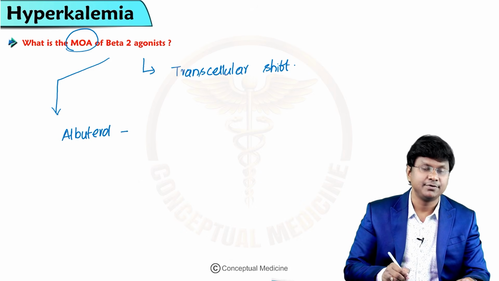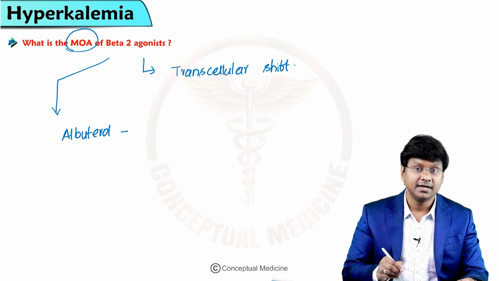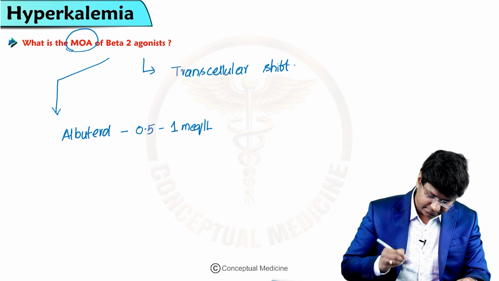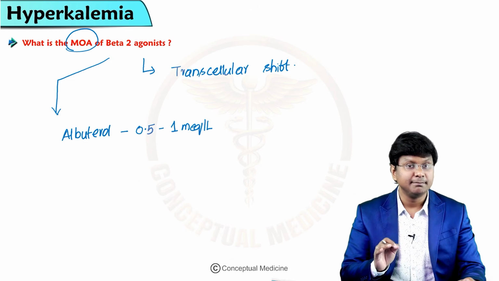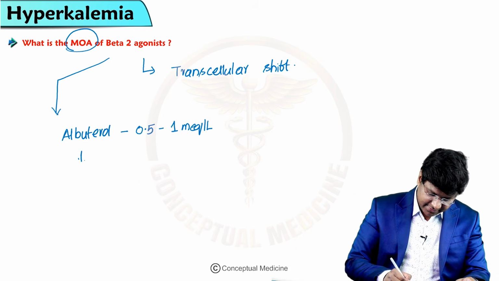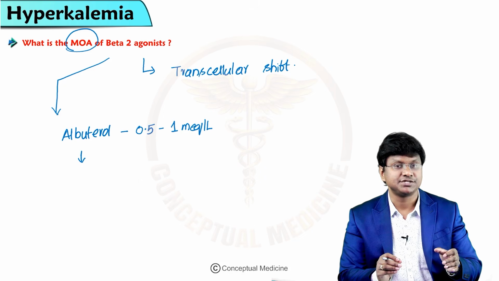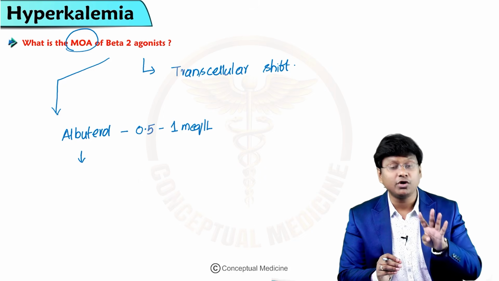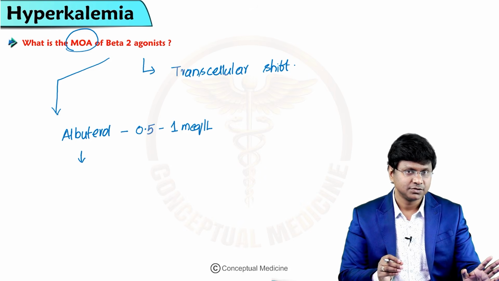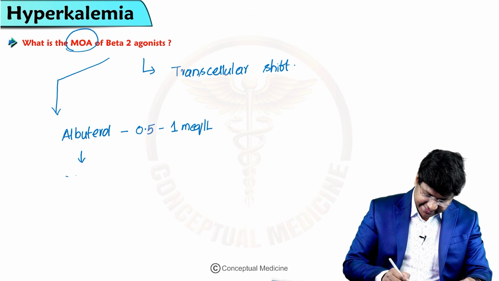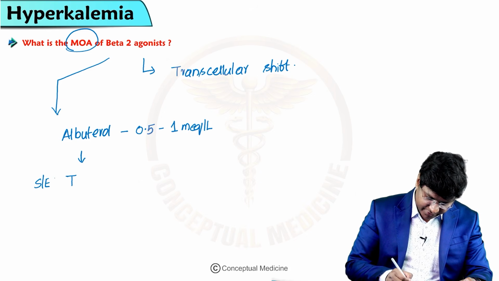The dosage of this albuterol is 0.5 to 1 milliequivalents per liter, and this albuterol will drop the serum potassium at least 4 times the therapeutic dose. But the problem with the albuterol is it can cause tachycardia.